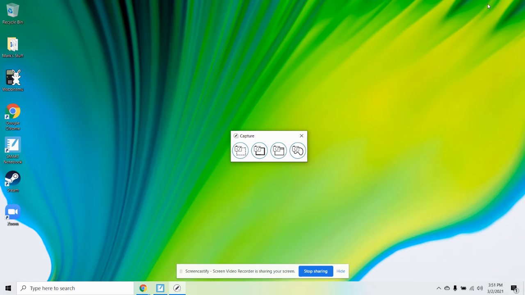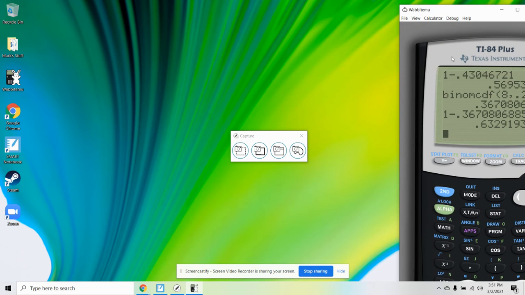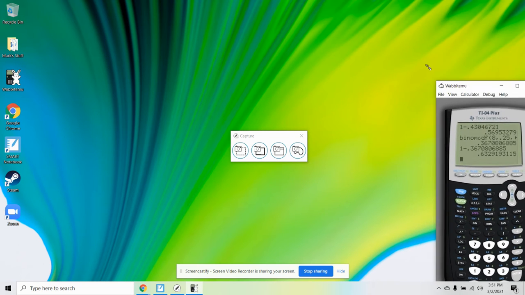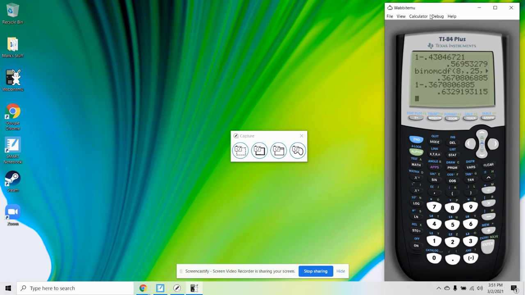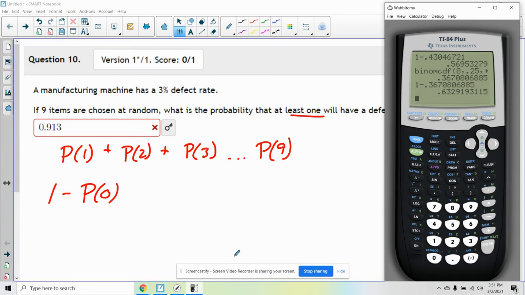So let me pull my calculator up. So if I have 9 trials, and I want to know the probability of 0 defects, that's going to be a PDF. 9 trials.